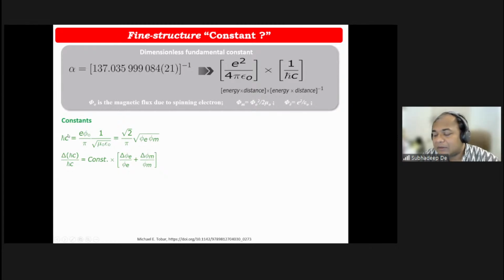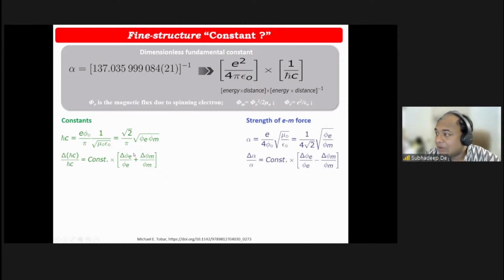If I take a partial derivative of this quantity h bar times c, that is delta h bar c divided by h bar c, then I get some constant times delta phi e over phi e plus delta phi m over phi m. The important thing is there is a plus sign here.